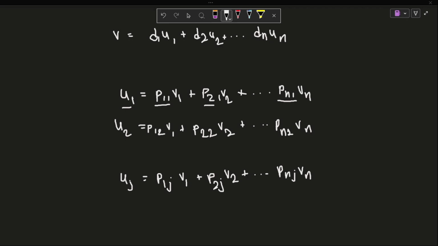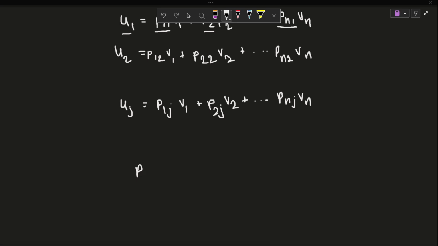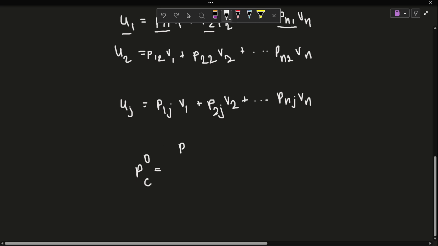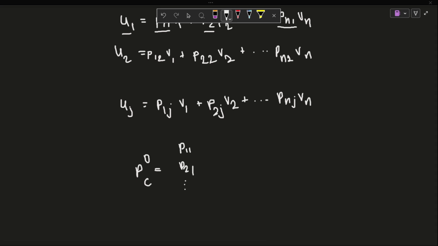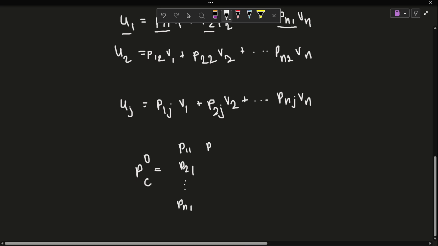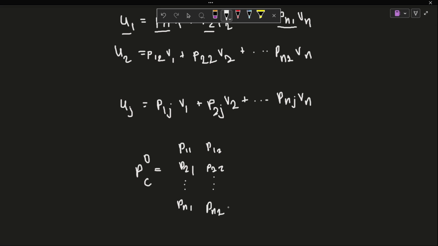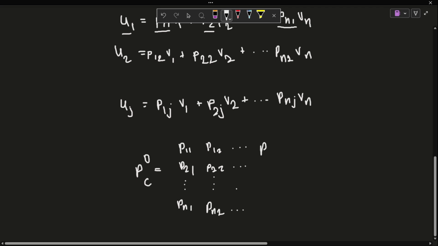So if you were to use all those n-tuples as the columns for some matrix, let's say P_DC, with respect to both these bases, well then what we can do is say p11, p21, all the way up to pn1, and then you're going to get p12, p22, and that's going to get you to pn2, and you're going to get p1j here. So just writing out this matrix in a simpler format.